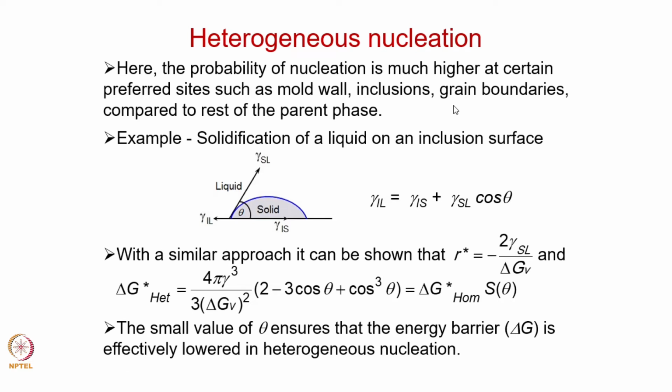As shown in this diagram, where theta is the contact angle, if you consider this into the free energy change, you would see an additional term in the form of theta.